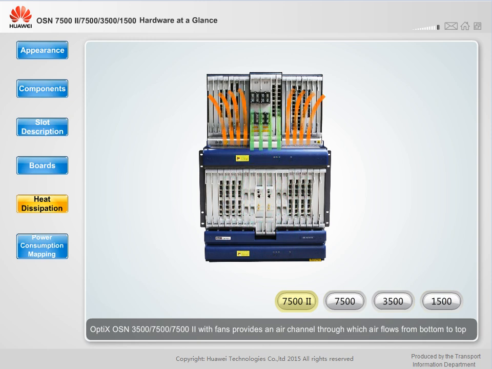OptiX OSN 3500, 7500, and 7500 II with fans provide an air channel through which air flows from bottom to top to dissipate heat. OptiX OSN 1500 with fans provides an air channel through which air flows from left to right to dissipate heat.